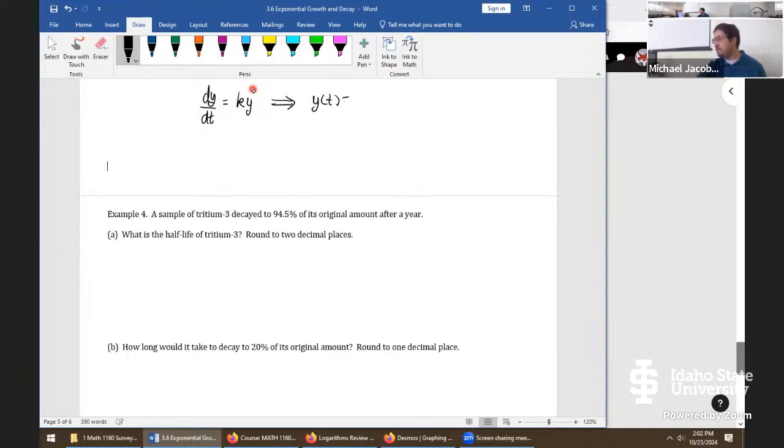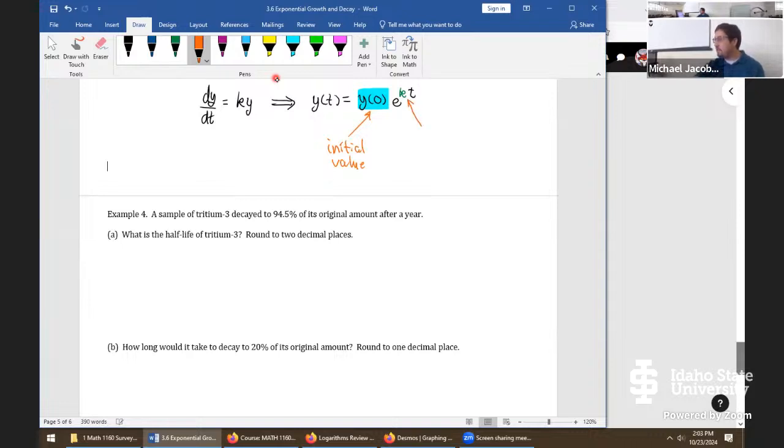y at time t is equal to the initial value, y at time 0, I think we color code that blue, times e to the power kt. So we have this value. This is the initial value. It could be an initial population size or an initial amount of mass.